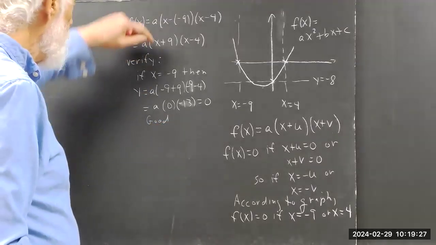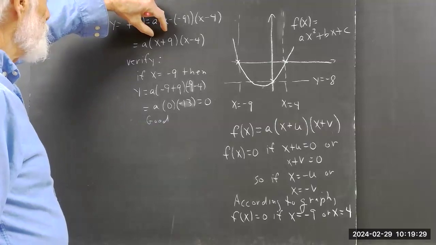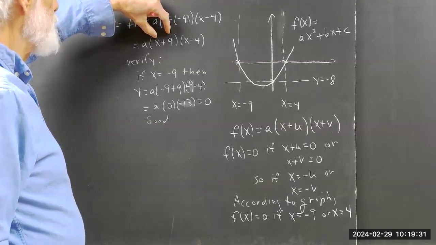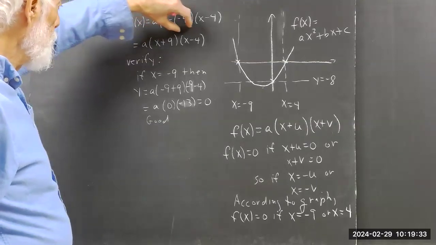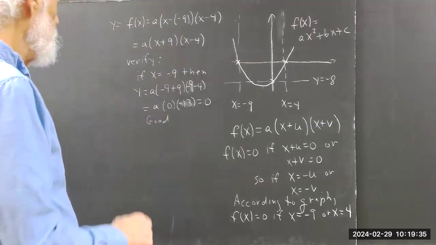If x is -9, well, you just look at this and say, well, x plus 9, if x is -9, this is going to be 0. It's going to make the whole thing 0, but we can write it out.